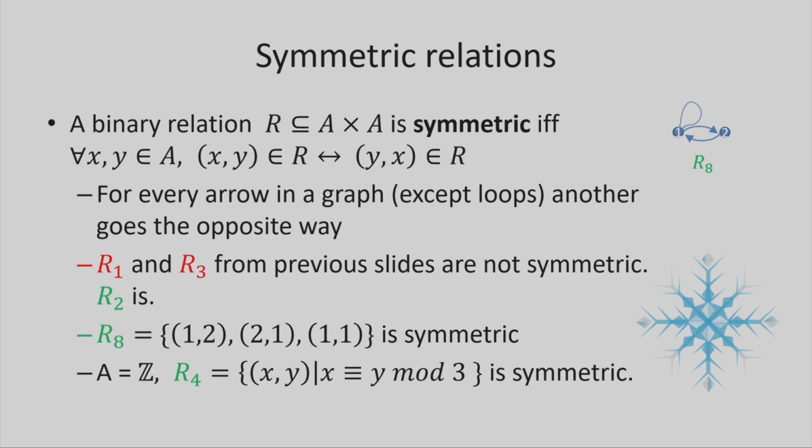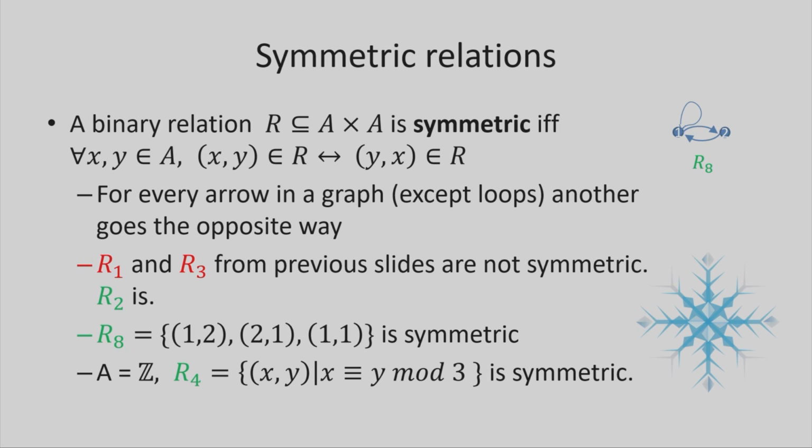Well, if nothing relates to anything else, it's symmetric because none of the times where you have a relation from A to B do you fail to have a relation back. That would be vacuously true. So the relation R8 drawn here is symmetric because you could go from 1 to 2 and you could also go from 2 to 1.